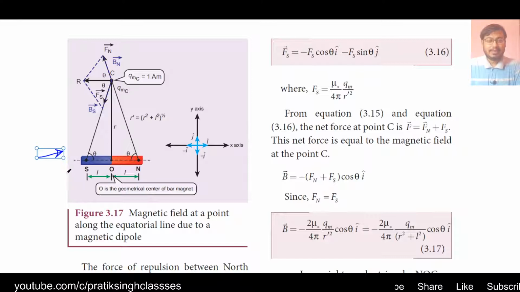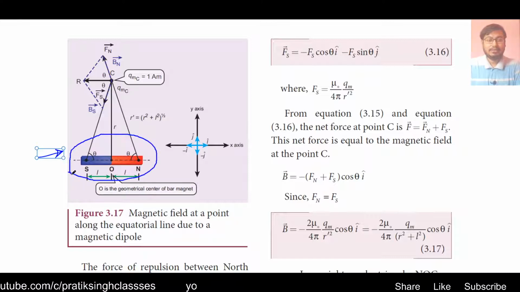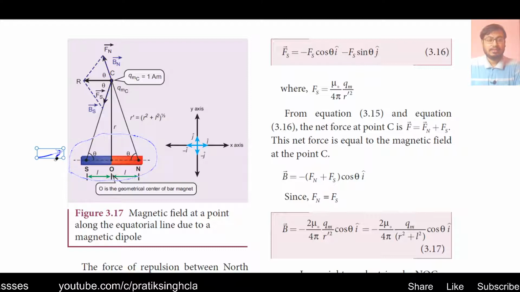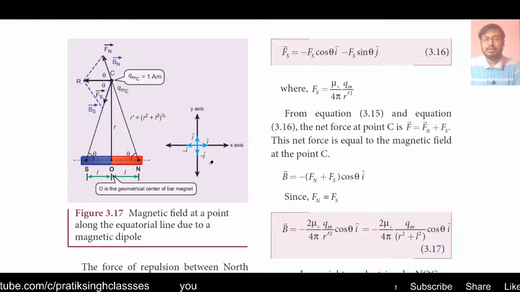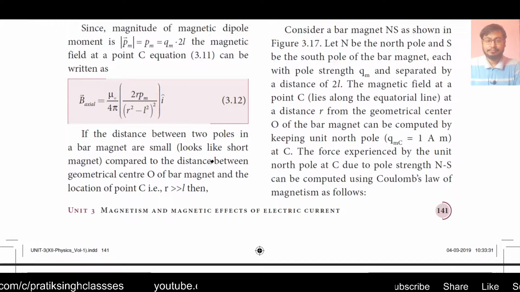Instead of a bar magnet, we had two charges equal in magnitude with a very small gap between them. Let us start the same concept with magnetism.